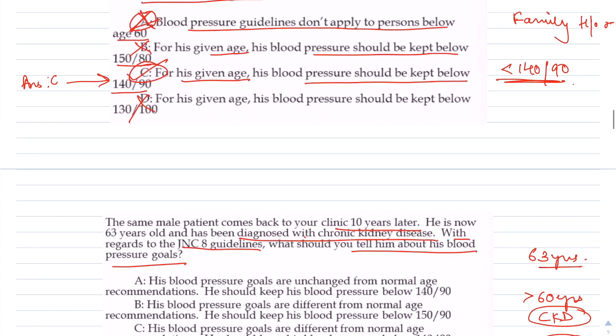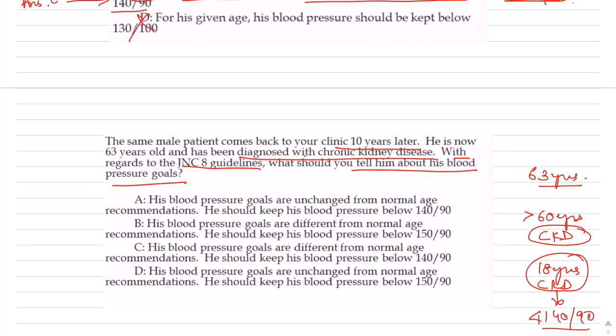So his blood pressure goals are unchanged from normal age. His blood pressure goal was 140/90 earlier. His blood pressure goals are unchanged from normal age recommendations. He should keep his blood pressure below 140/90. This option has 140/90. And his blood pressure goals are different from normal age recommendations.